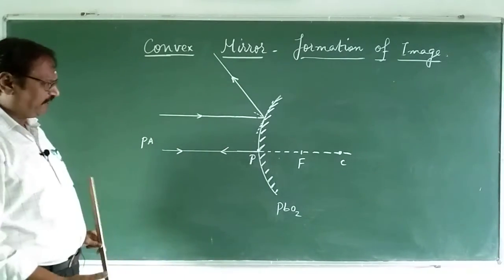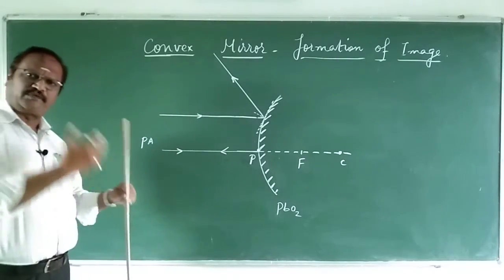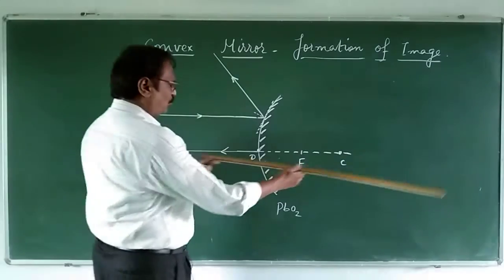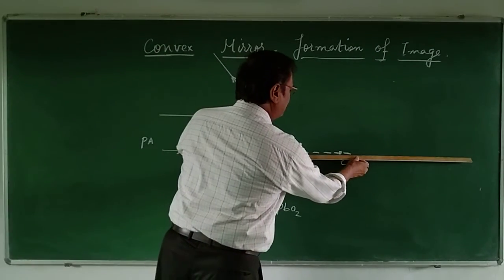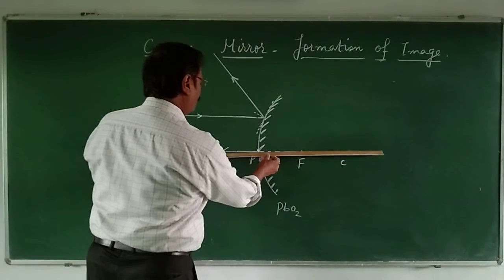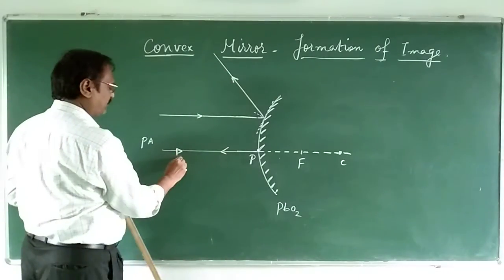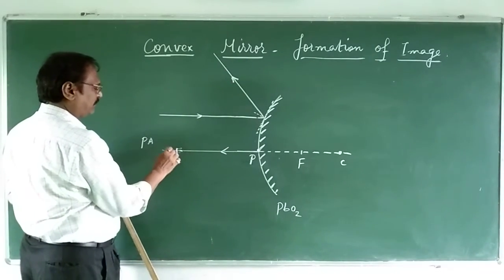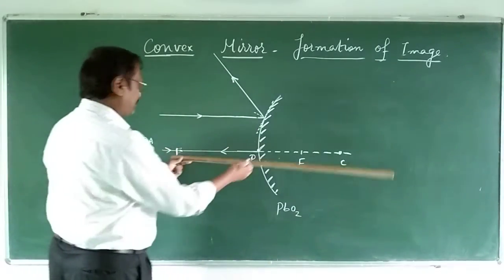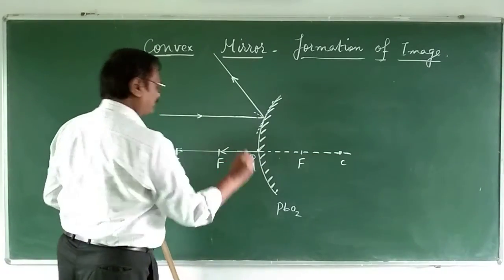Now again we need to find out where the image is formed. Where should we keep the object? We know that I have taken 40. So again this is 40. Let us mark the center of curvature here, and let us mark half the value to be the focus.